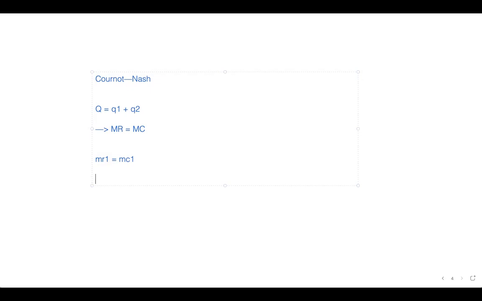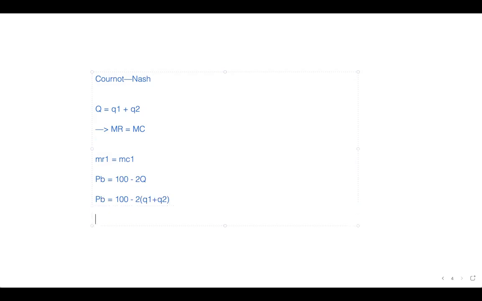So how do we model that? Well, it starts with the demand. We have PB is equal to some function, and I'll just put 100 minus 2Q, where Q is the industry quantity. Then what we do is we'll substitute in our definition for industry quantity in terms of the two different firms in the duopoly.